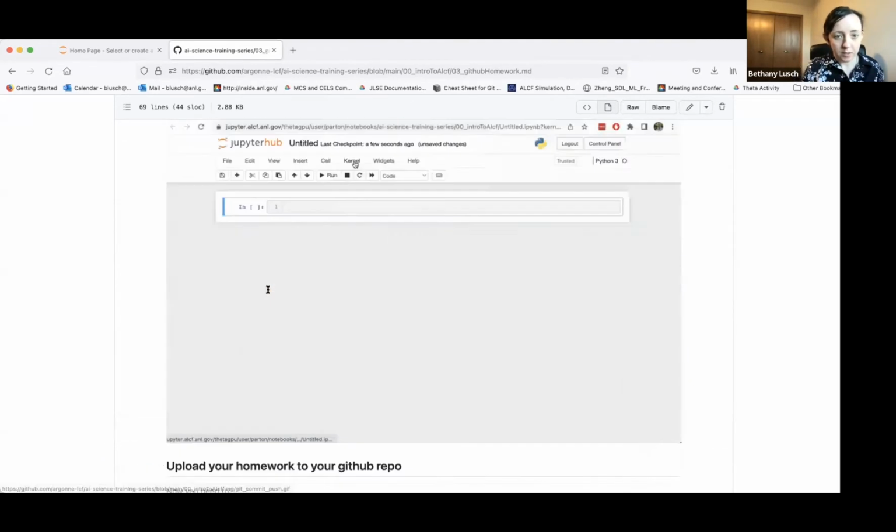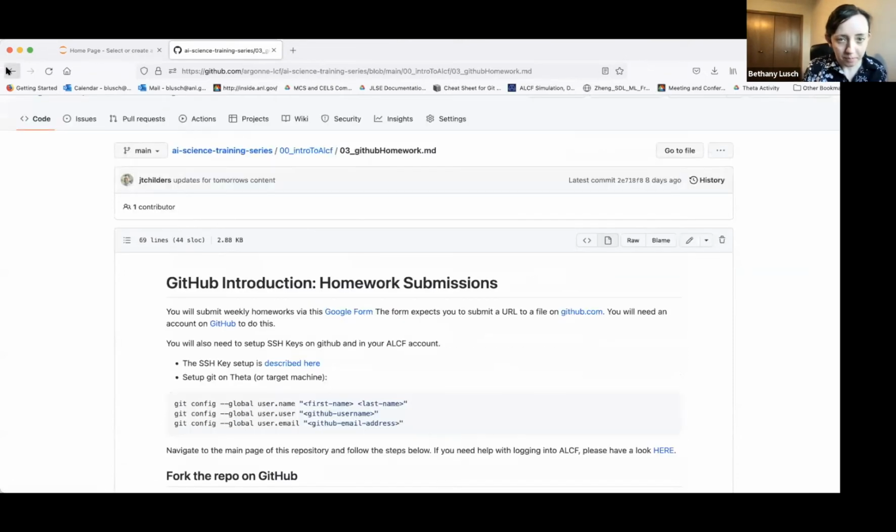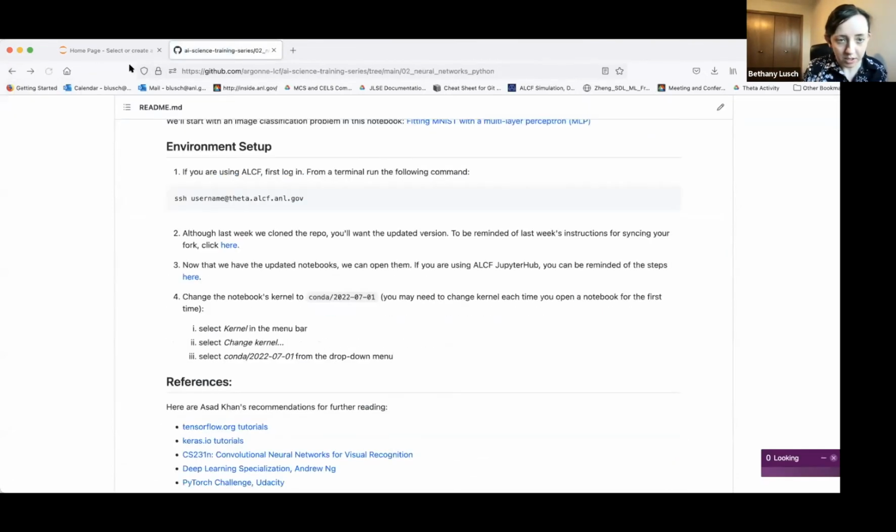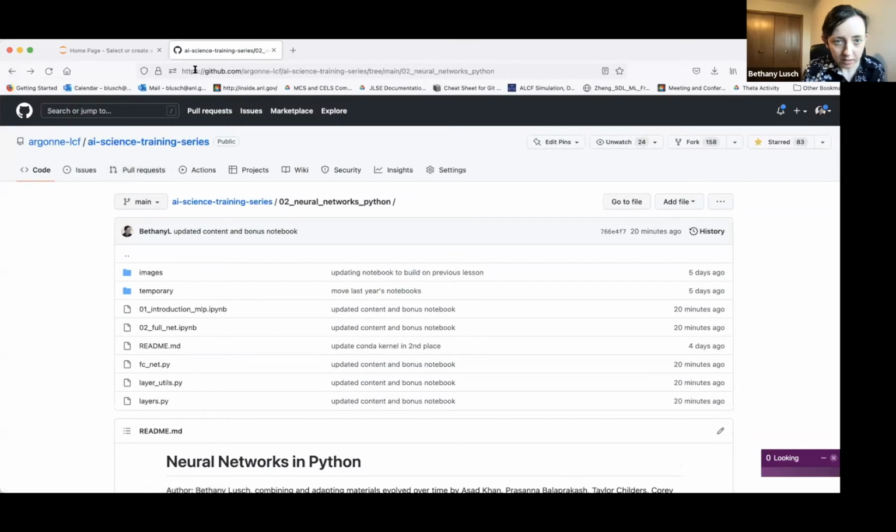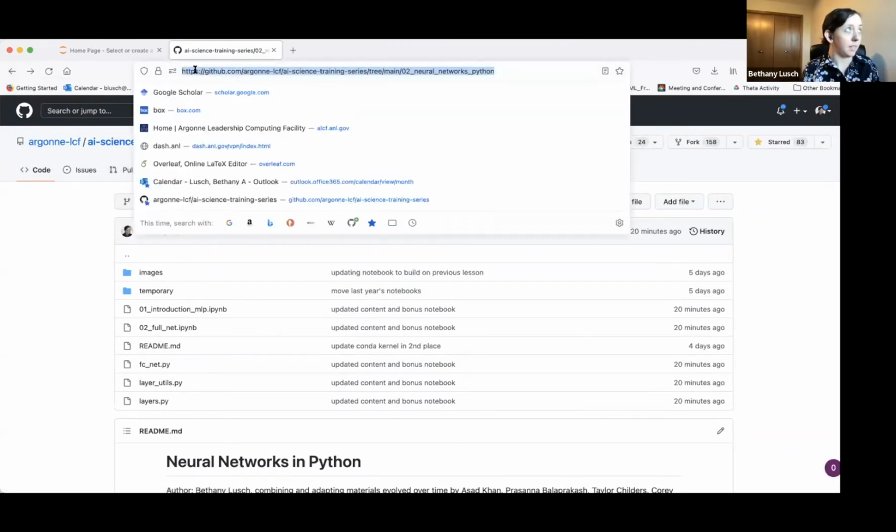But for the purposes of Google Colab, if you've cloned your GitHub repo somewhere, you can update it right now with git pull or with syncing your fork. If you just want to directly open our notebooks in Google Colab, we can do it the same way as last week.